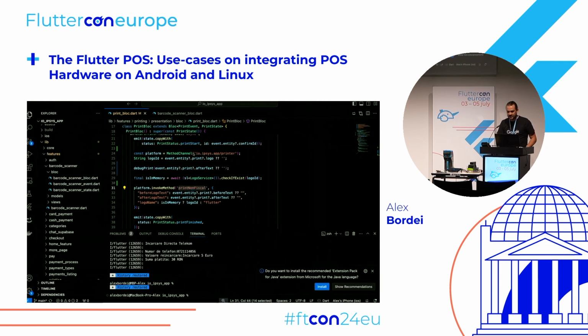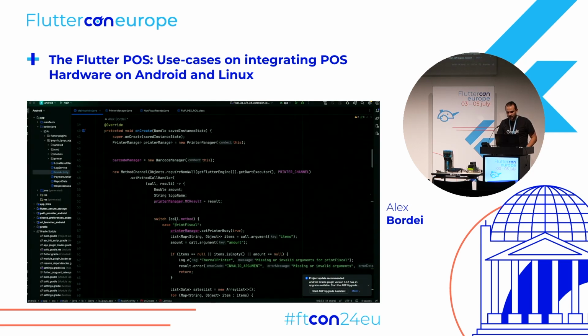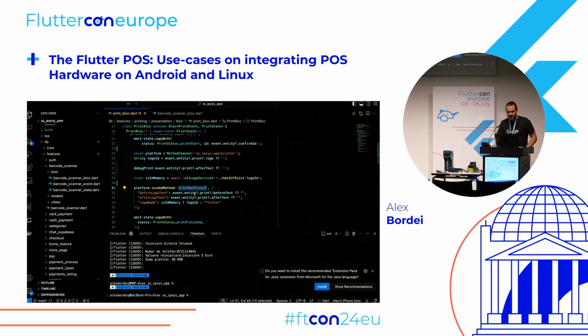So we invoke the method with this name, and we send some arguments: before logo text, after logo text, and logo name. Here, before we don't have anything, we have the logo, and then we have after logo text. This way, Flutter sends data to Android, and Android knows what to do.